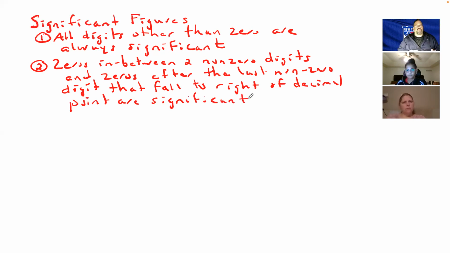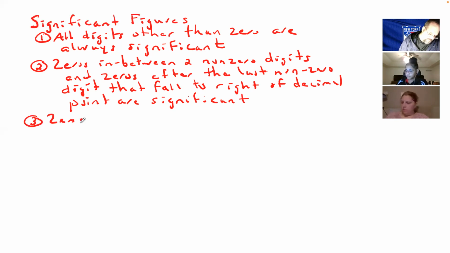Anytime you have zeros in between two non-zero digits, whether the non-zero digits are before the decimal point, after the decimal point, or one before and another after the decimal point, the zeros in between them are significant. And the other place where zeros are significant is if you have zeros after the last non-zero digit, and those zeros also fall to the right of the decimal point, then those zeros are significant as well.